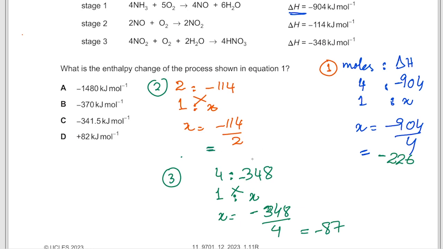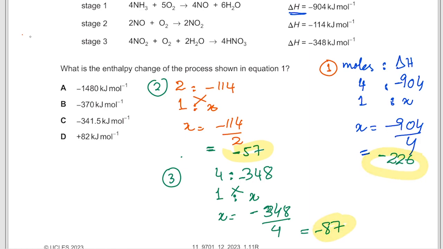Minus 57. So if 1 mole is involved in all 3 stages, for 1 mole we have got these values and we have to add up all of them: minus 57, minus 226 and minus 87.